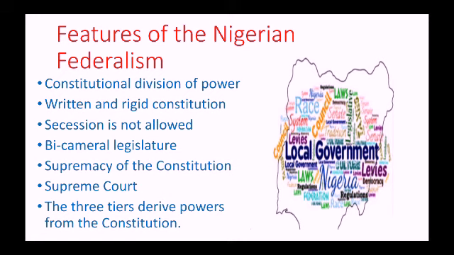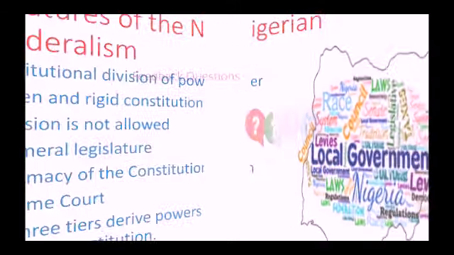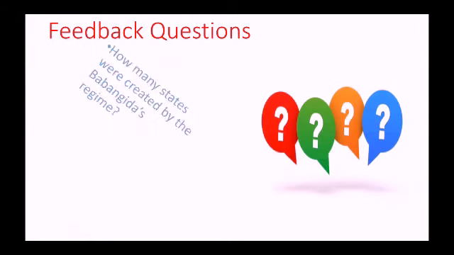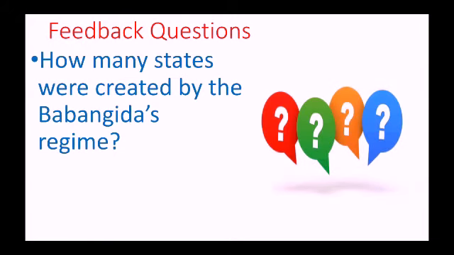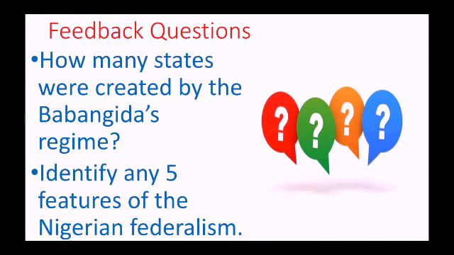You should be able to explain the number of states created by Ibrahim Babangida's regime. Also, identify any 5 features of Nigerian federalism. So you should be able to provide answers to these questions, having watched this video to this extent.